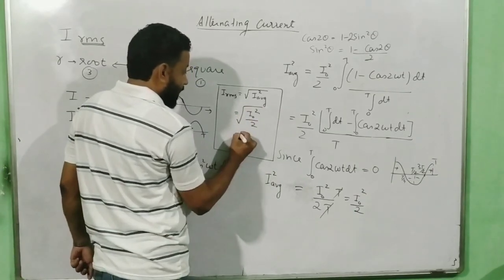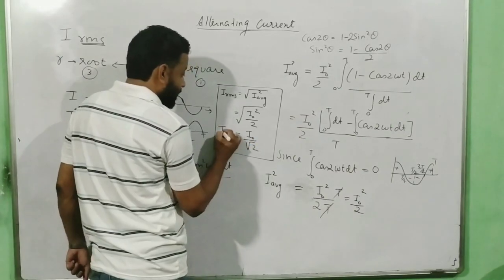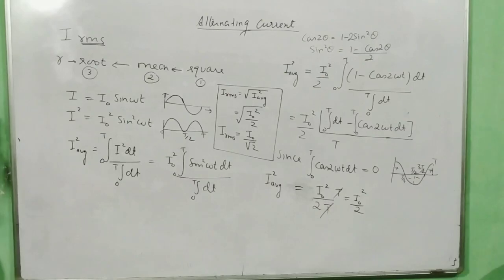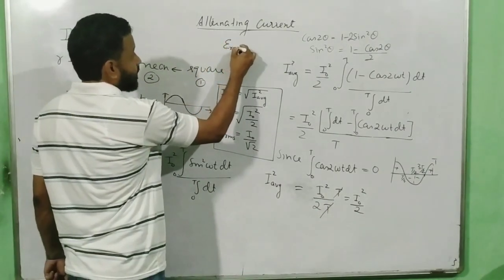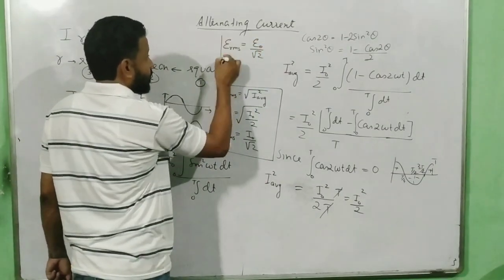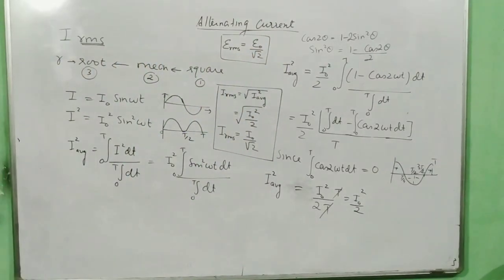Root over of that, and hence I got the result I naught by root 2. This is the value of IRMS. Similarly, you can also prove ERMS will be equal to E naught divided by root 2. So this is the derivation for the RMS value.